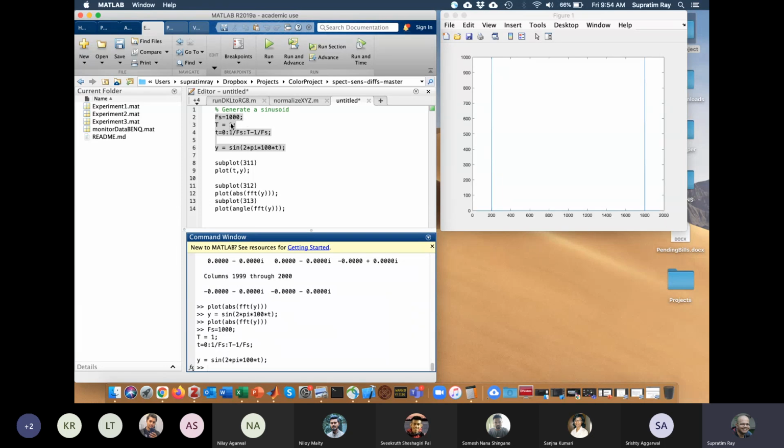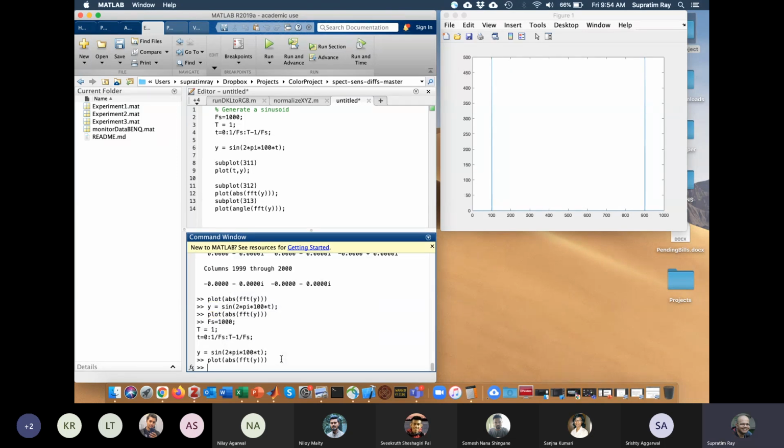And it doesn't matter whether it's 2 seconds or 10 seconds, it's always going to be sampling between 0 and the sampling frequency, which is 1000. So if I do 1 second and then plot the abs FFT, now you see that the point here is at around 100 hertz, but it's actually shifted by 1 step because the first frequency is not 1 hertz, it's actually 0 hertz.